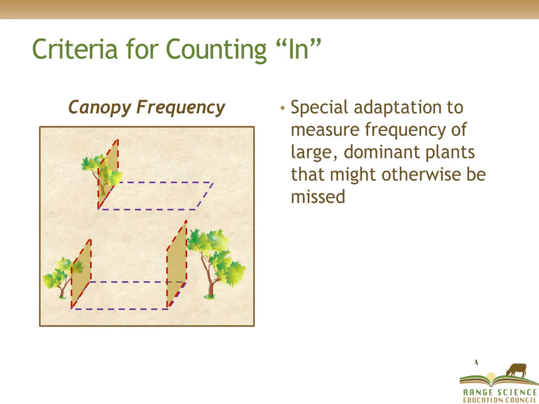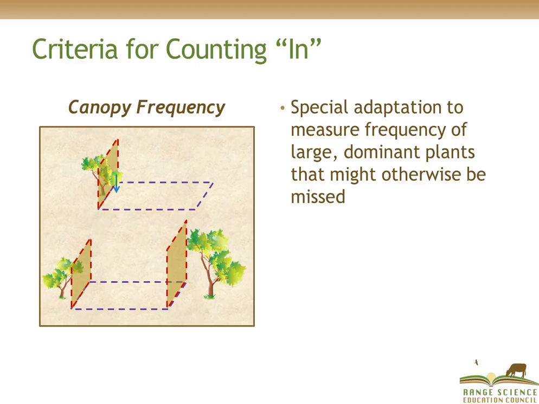That said, there is a special adaptation that we use on occasion in which we do count canopy frequency. This is usually employed only when we are concerned with being able to detect large plants that are dominant in the landscape that might otherwise be missed, because we would need an extraordinarily large quadrat in order to encounter that plant inside the quadrat.